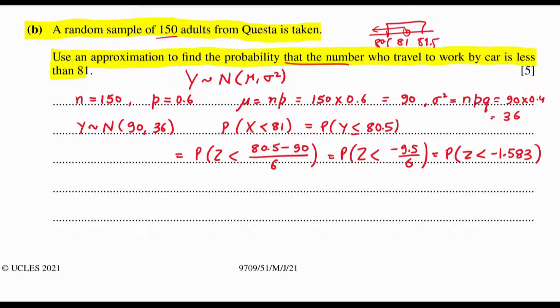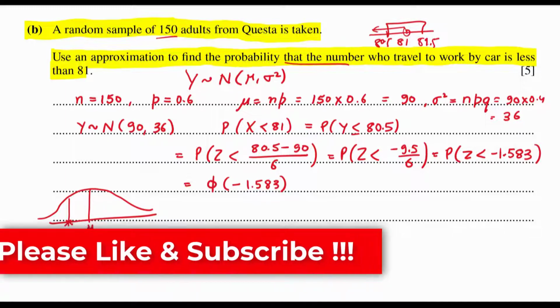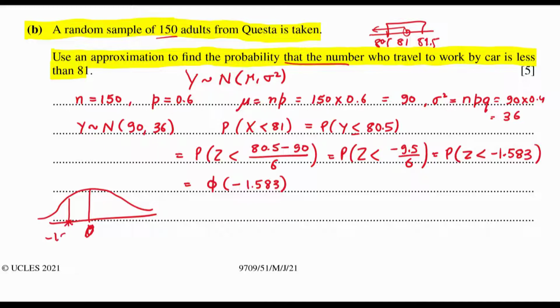Since it is Z less than, we can think of it as phi of minus 1.583. Since it is minus, the area lies towards the left side of the mean, which is 0.